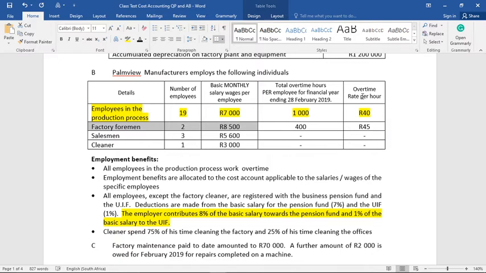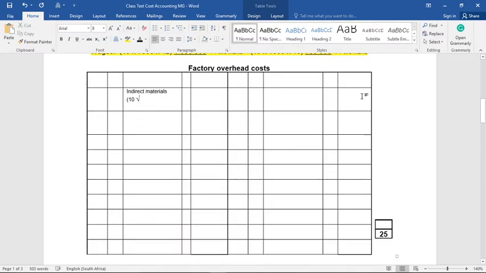Because there are 12 months in a year. So here we go. Watch my calculation unfold here. Salaries, foreman, 2 people times 8,500 Rand a month times 12 months gives you 204,000.